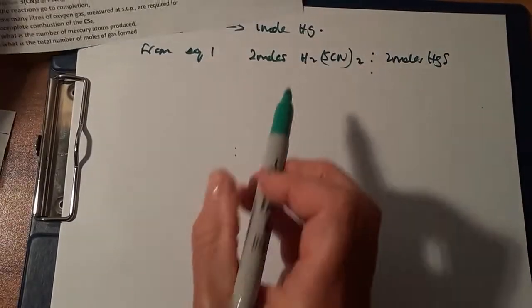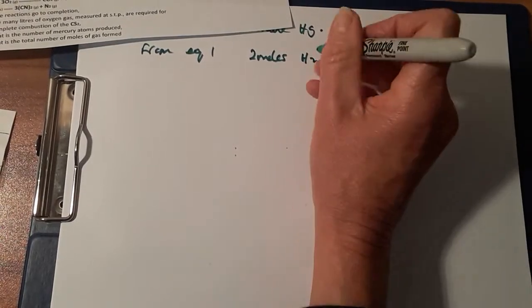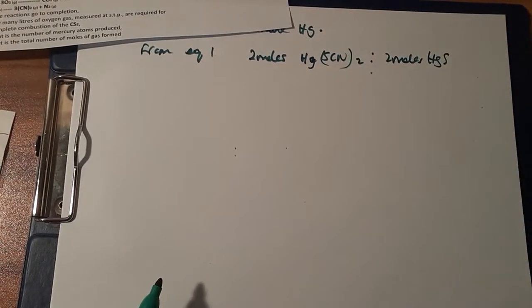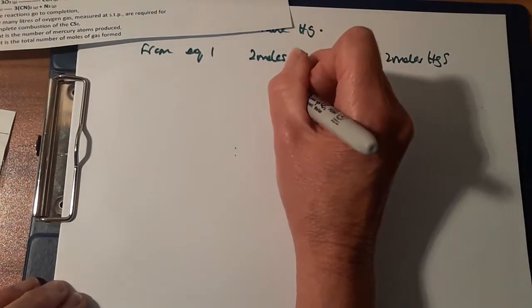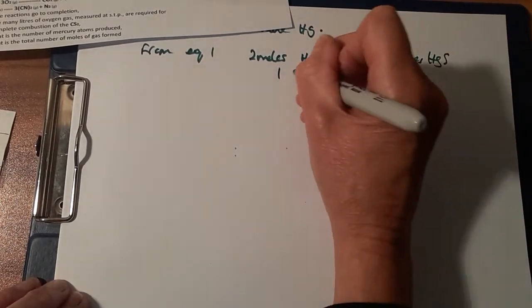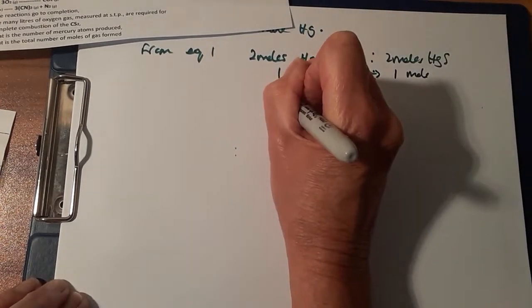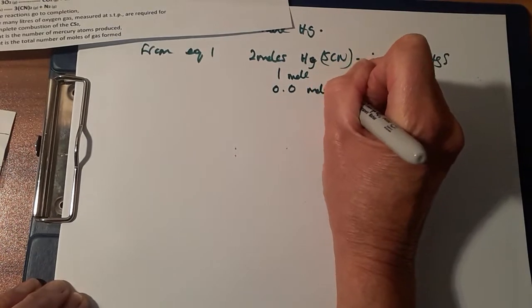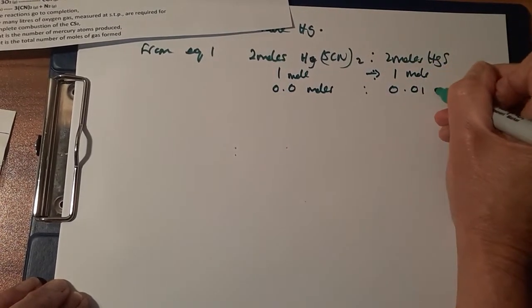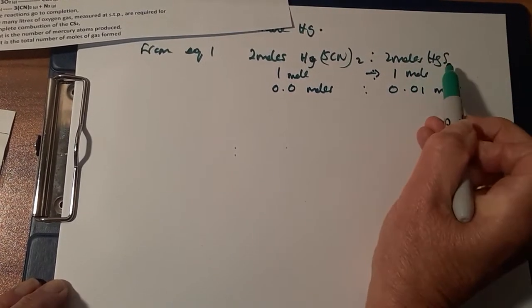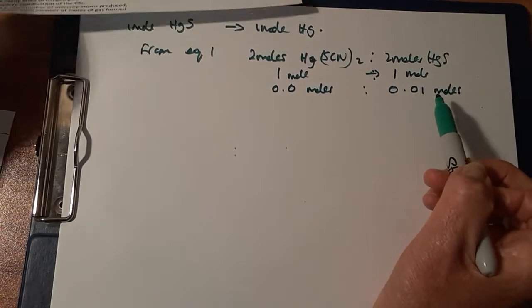Now, how many moles of HgSCN did we have at the beginning anyway? We had 0.01 mole. So 1 mole will give you 1 mole. So 0.01 moles will give you 0.01 moles. So you have 0.01 moles of HgS.